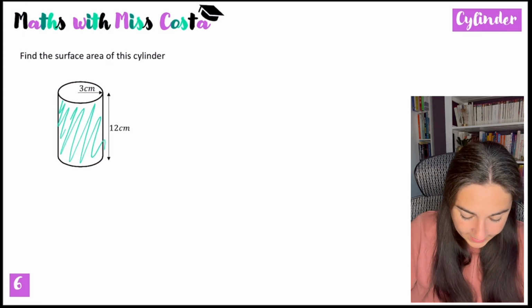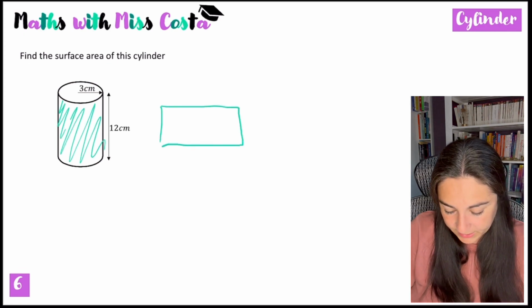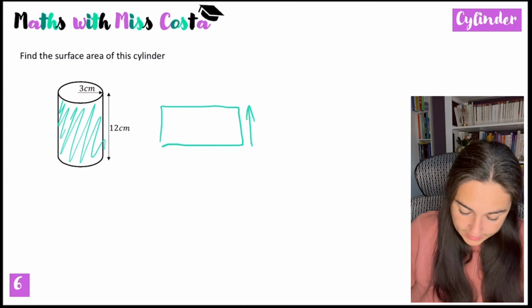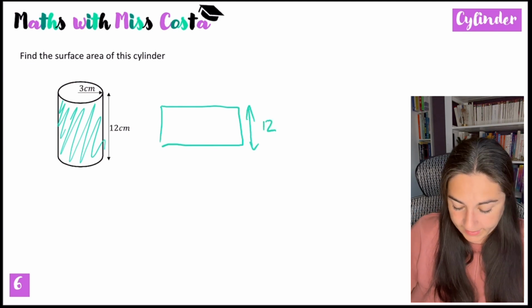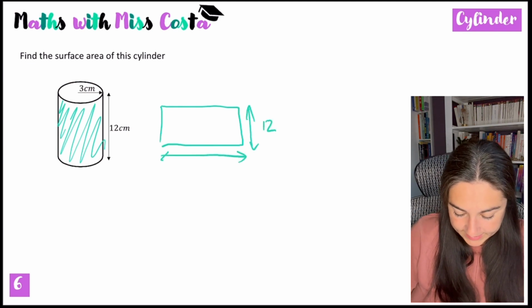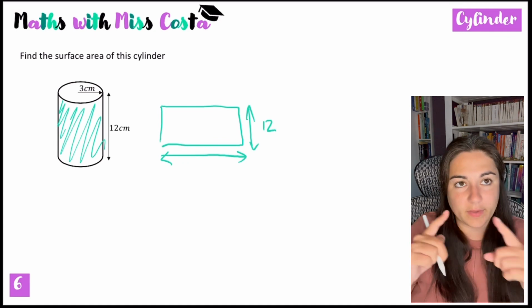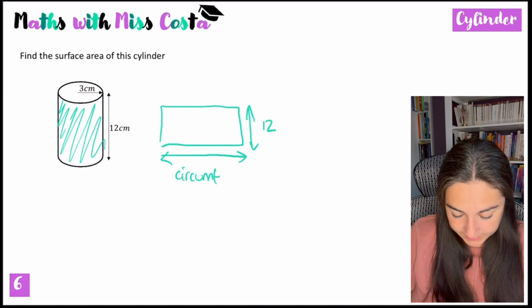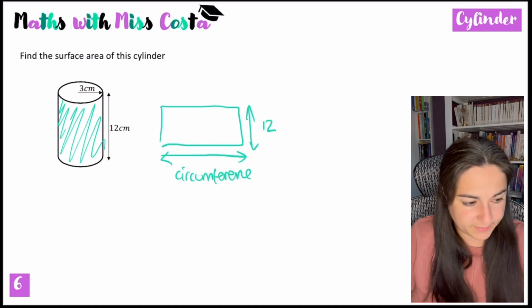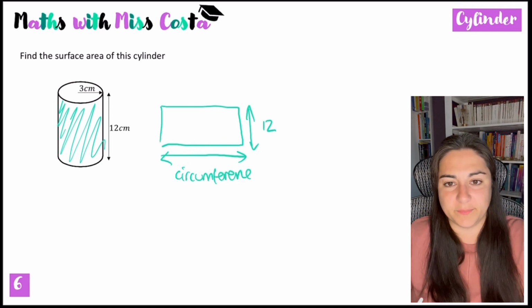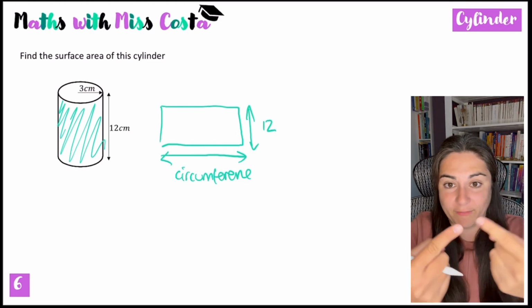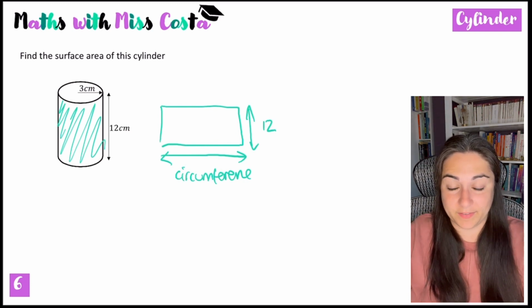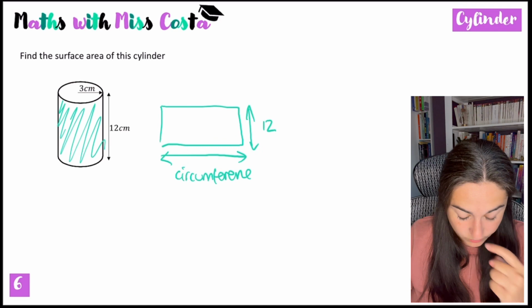So this part here of a cylinder is just going to be a rectangle. Its height is going to be whatever you're given, and its length is going to be the circumference of the circle. Because if you imagine the toilet roll is like a circle, you unravel it, so the length of that circle is the length of the rectangle.